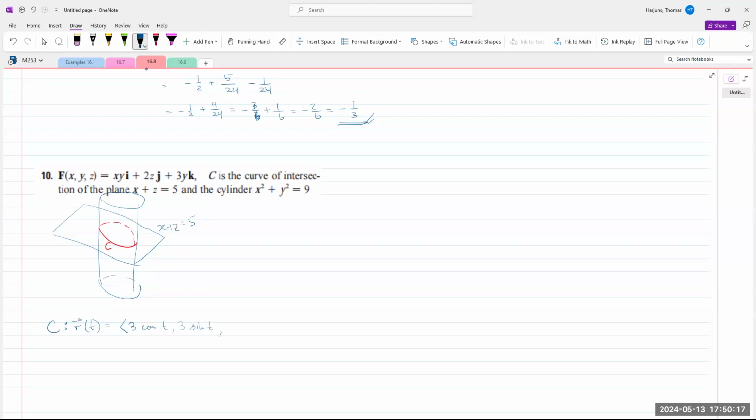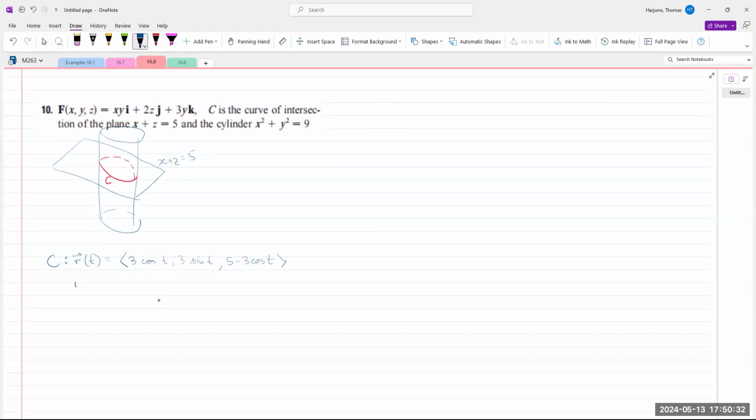So z will be 5 minus x. Okay, so r prime of t equals negative 3 sine t, 3 cosine t, 3 sine t.